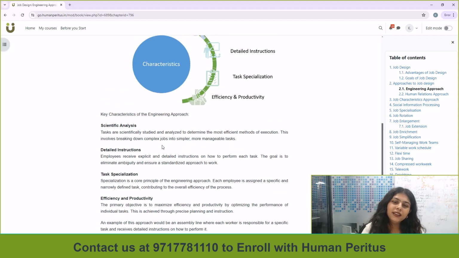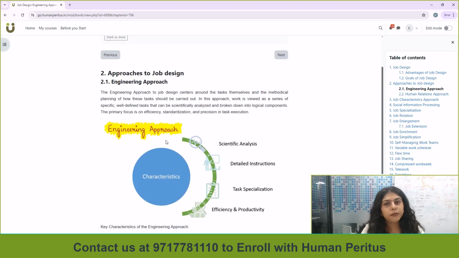Now, one or two problems with the engineering approach: when you're using one approach, at one point of time the job will become very monotonous. The employee will have nothing to look forward to. If I'm assembling the lids of a container every day at work, after a point it will get boring for me. There is no skill that is being developed within me, so that's a problem.